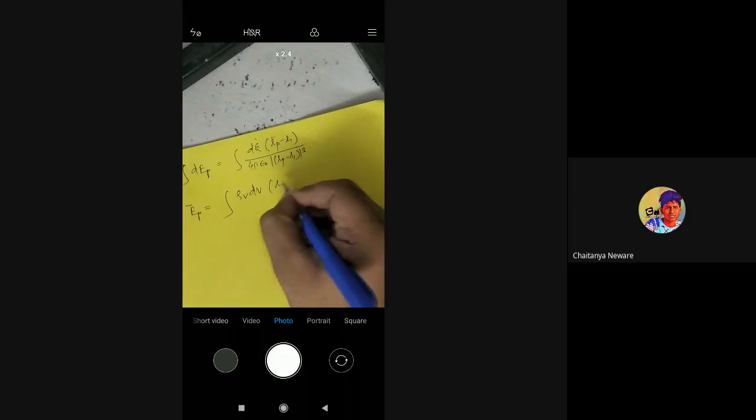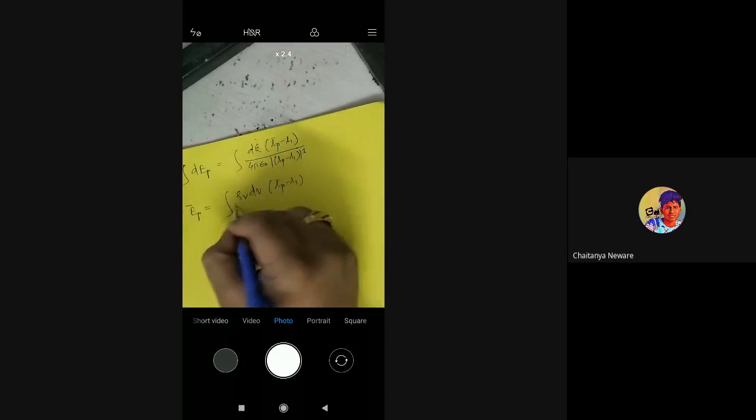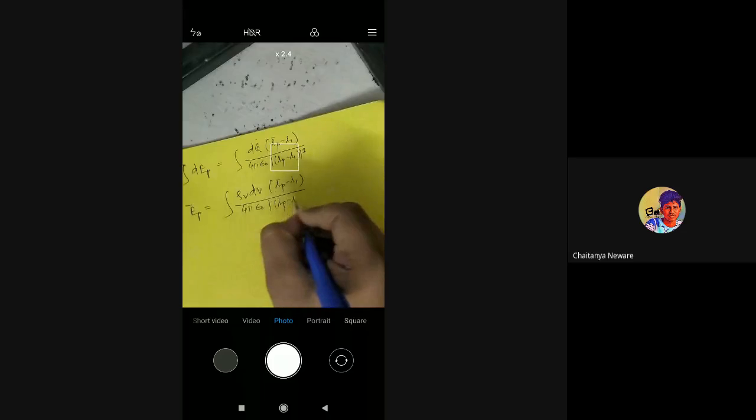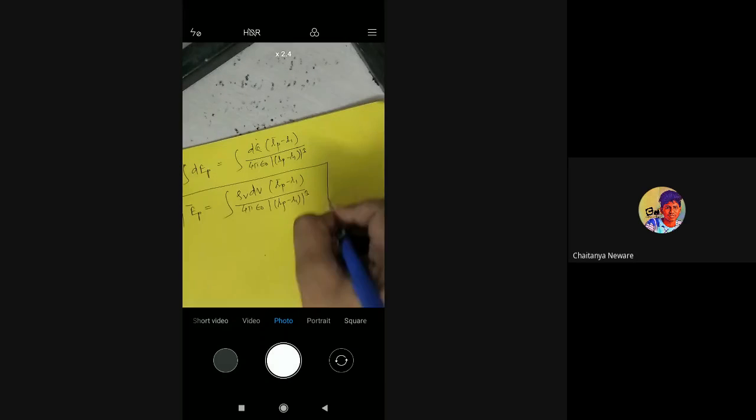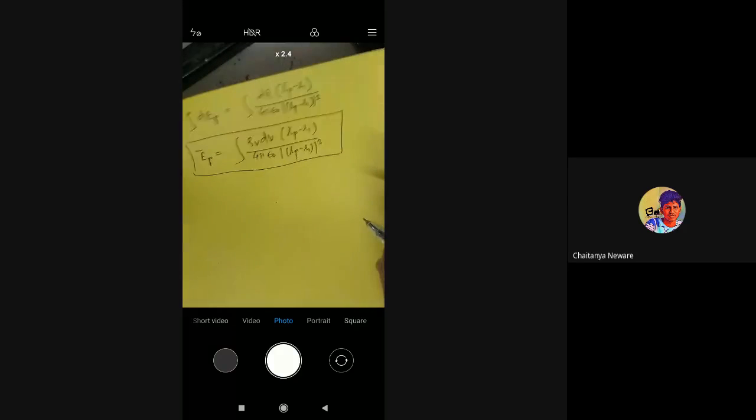So rp minus r1 upon 4 pi epsilon 0 times the magnitude of rp minus r1 cubed. Okay. So this is the electric field intensity due to volume charge density.